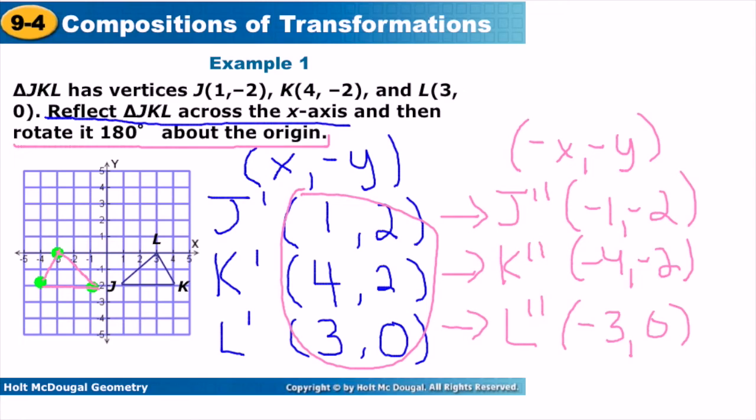Because I didn't actually include the reflection, we're not creating that original first image. We're creating the second, so that's our new image. Negative 1, negative 2, we're going to consider as J prime. Negative 4, negative 2 will be considered as K prime. And L prime is at negative 3, 0. So now we've got our answer to our question.